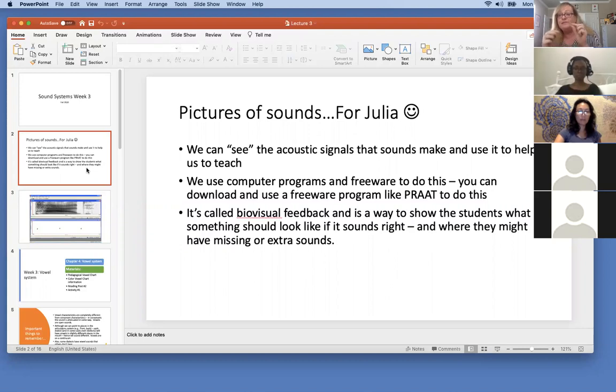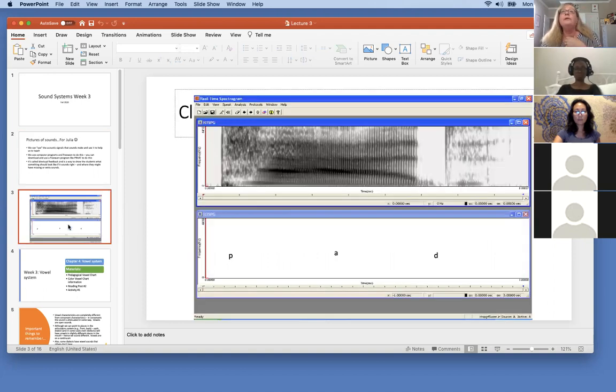So instead of doing listen, imitate, and repeat, we have a picture of the word, and then we have the student try and match that picture. That's why it's called biovisual feedback, because what they're doing is trying to make the sounds correctly to recreate the acoustic picture.